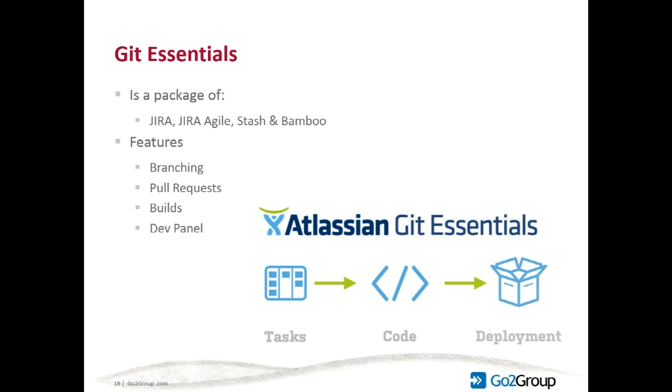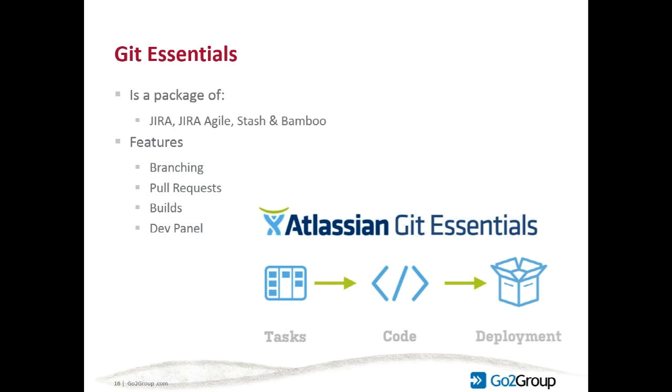So let us now dive a little bit deeper into Git Essentials. Git Essentials is a package of a number of products provided by Atlassian, namely JIRA, JIRA Agile, Stash or Bitbucket, and Bamboo.